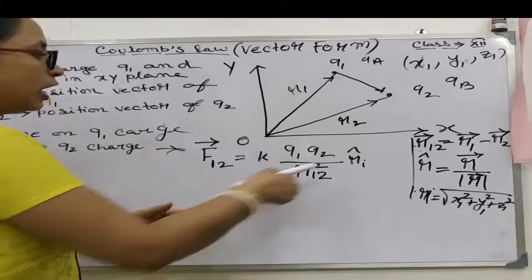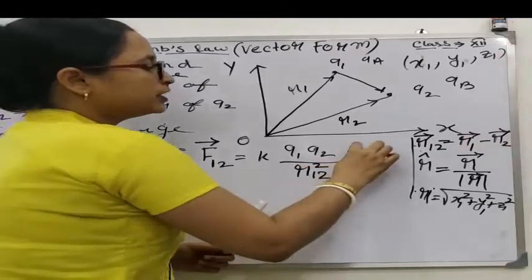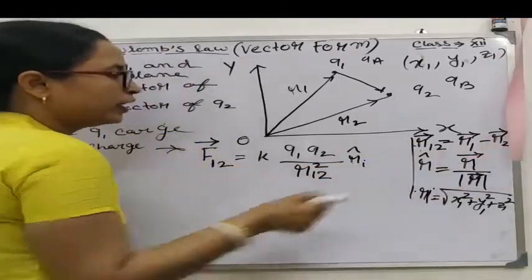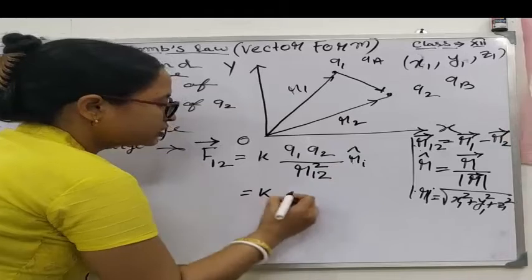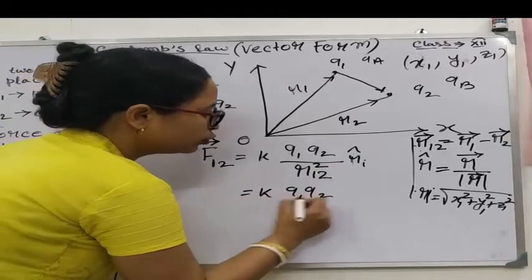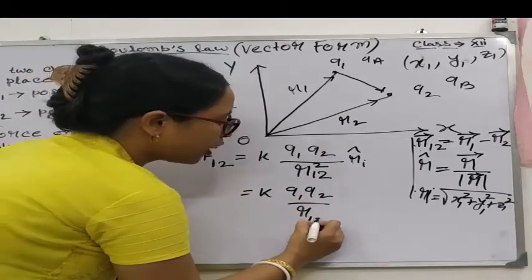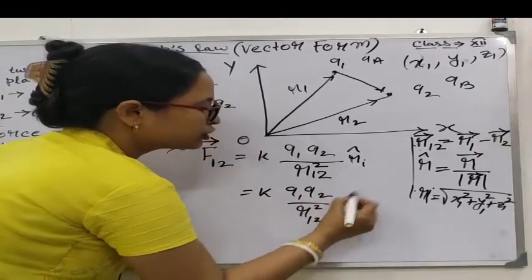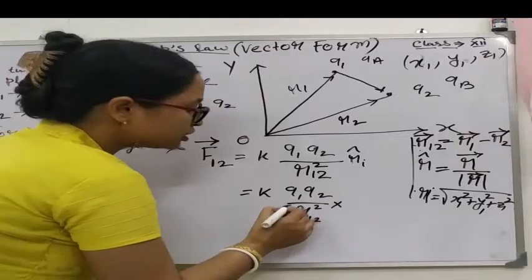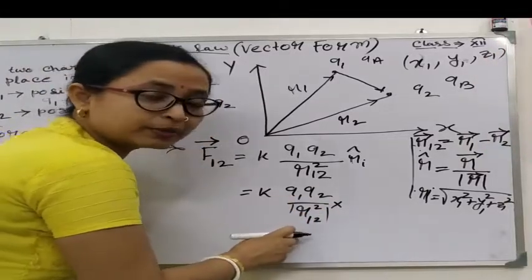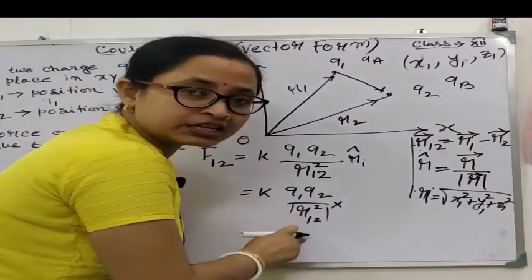So if I want to replace this unit vector in terms of vector, then how can I write? F = K Q1 Q2 by R12 squared. For this, R12 squared means it is also a mod, that means magnitude only, direction is not there.